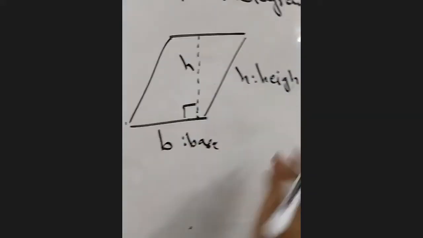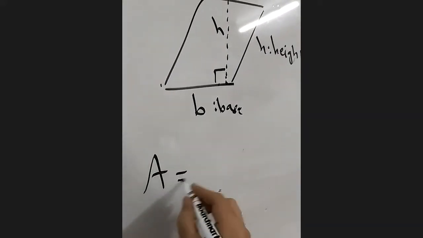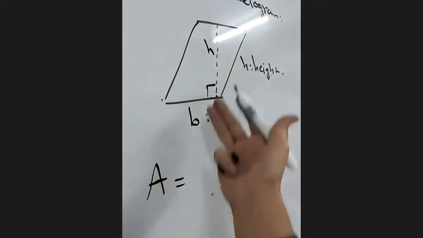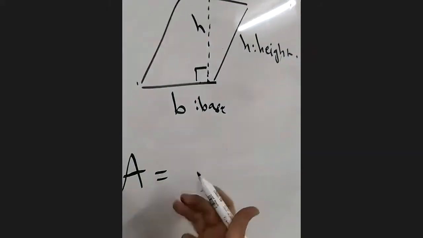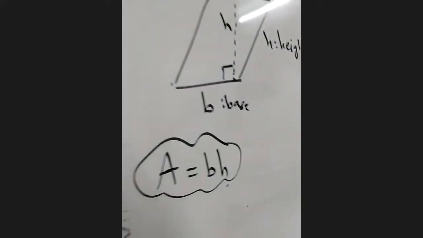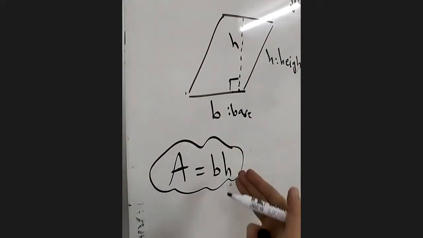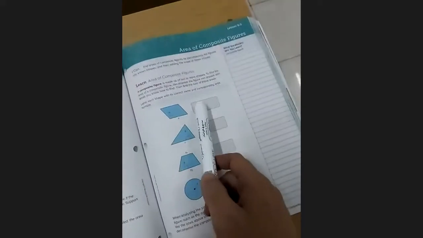So we have base, we have height. A equal area of the parallelogram, the formula of the parallelogram's area. A equal BH. BH means B multiply H. So the first graph in your book here, you have the parallelogram, write the formula of its area here. A equal BH. BH means B multiply H.